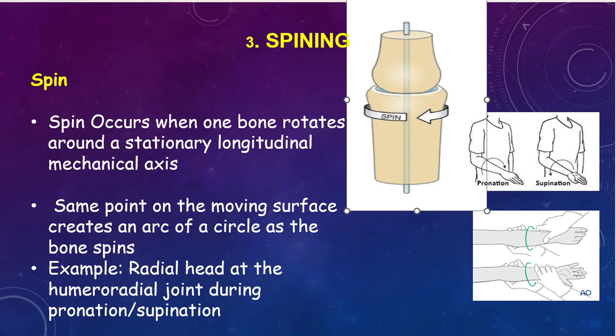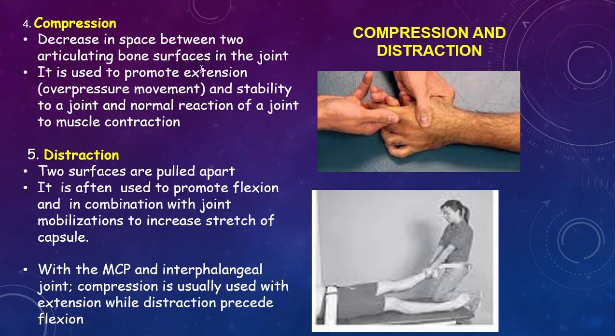All right? Then the last two of the arthrokinematics are compression and distraction. Now, before I teach you compression and distraction, I just want us to do a little mental exercise.